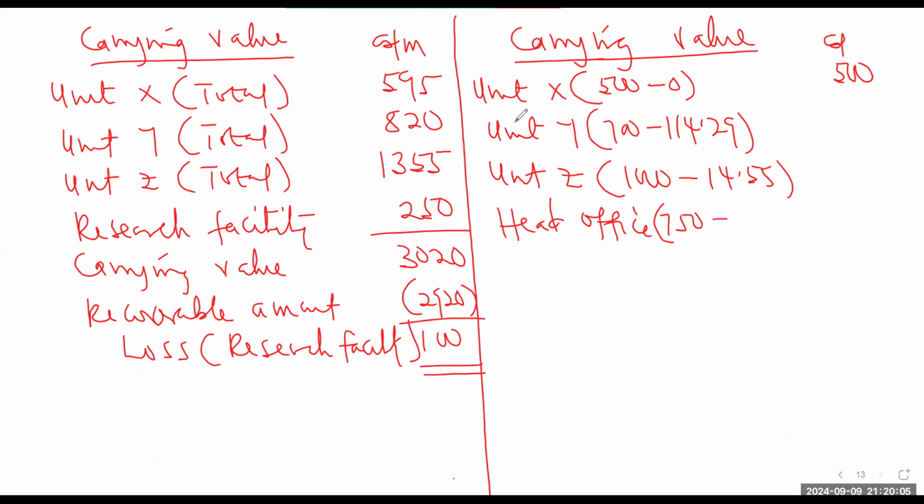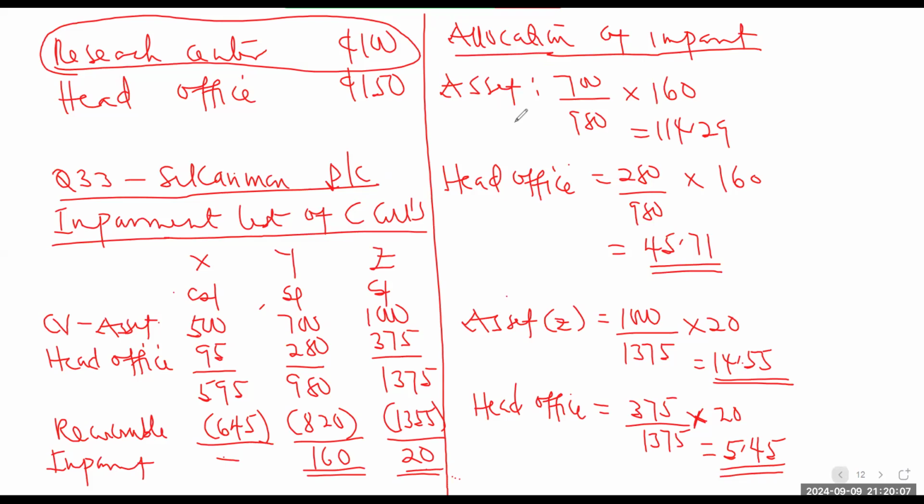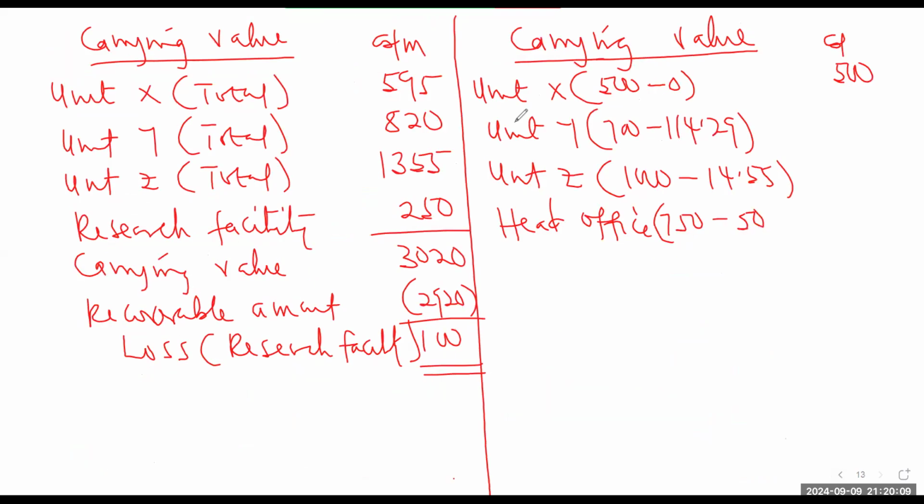So 50.16. Then you now bring the research facility here. 250 minus 100. Okay, so let's put the values here. 700 minus what?